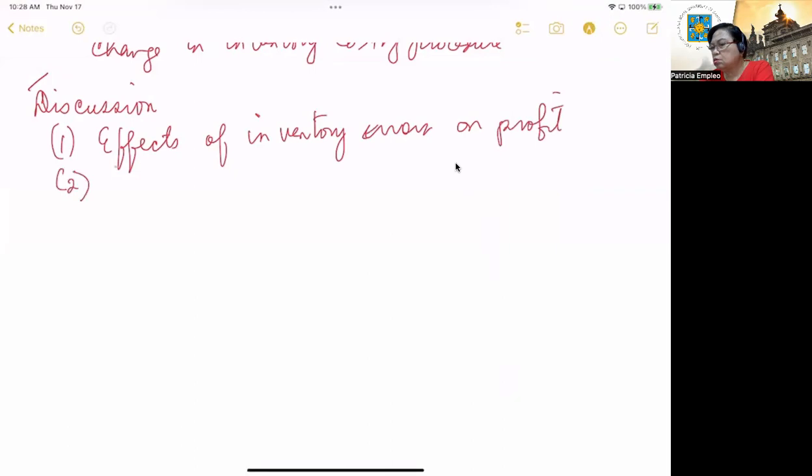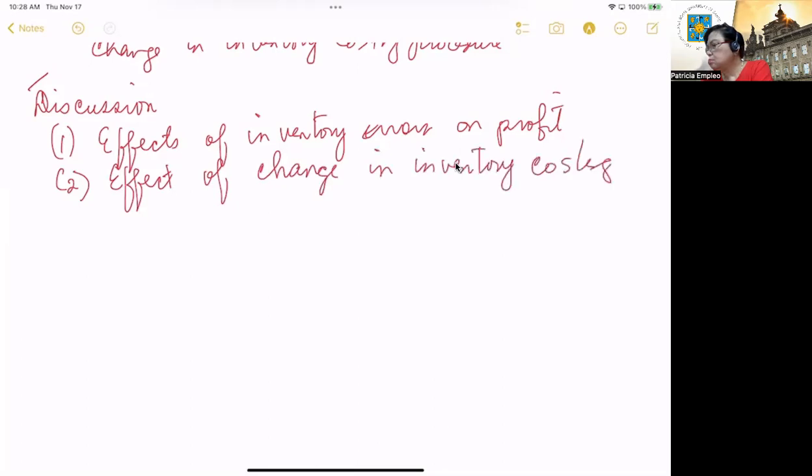Two, effect of change in inventory costing procedure. And three, purchase commitments.